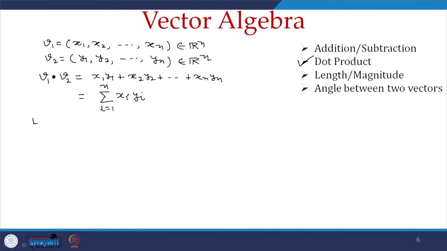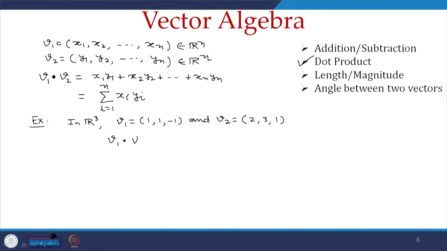So, for example, you take in R3 a vector v1 equals to (1, 1, minus 1) and another vector v2 is (2, 3, 1).